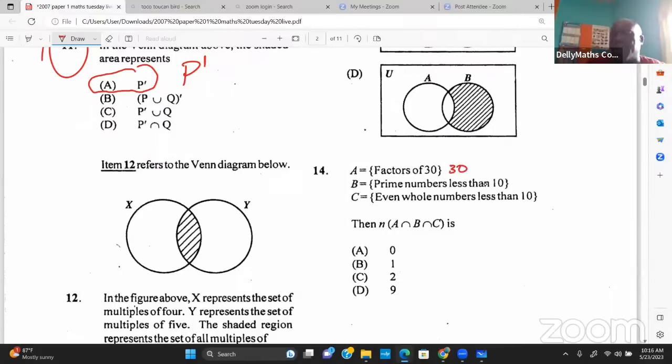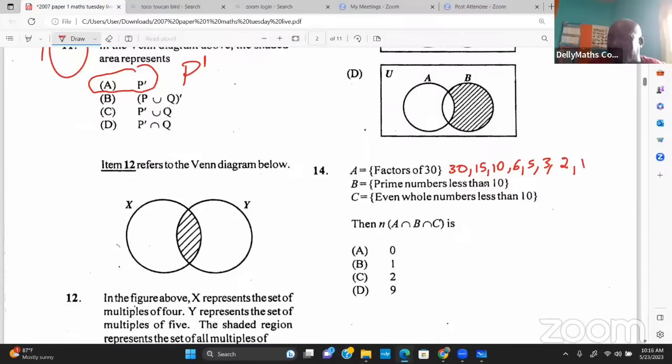Factors of 30 are numbers that could go into 30 without a remainder. So like 30, 15, 10, 6, 5, 3, 2, 1. Those are the factors of 30.